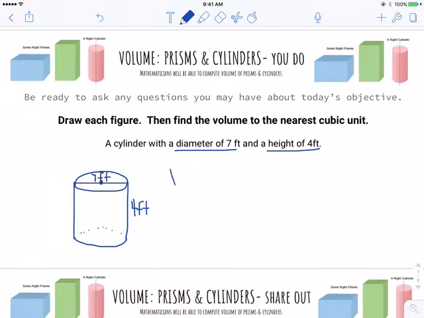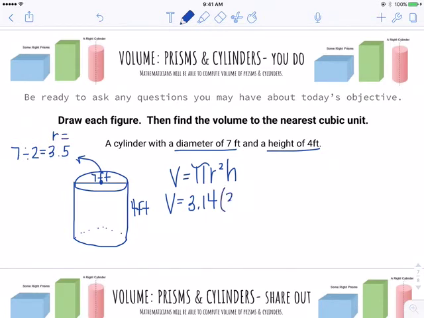We insert our formula in: volume equals pi r squared h. So volume equals, pi is 3.14, but now I need my radius. So I need to come over here and say, okay, well 7 divided by 2 equals 3.5. So that is equivalent to my radius. So 3.5 times 3.5, and then my height is right here, so that's 4.